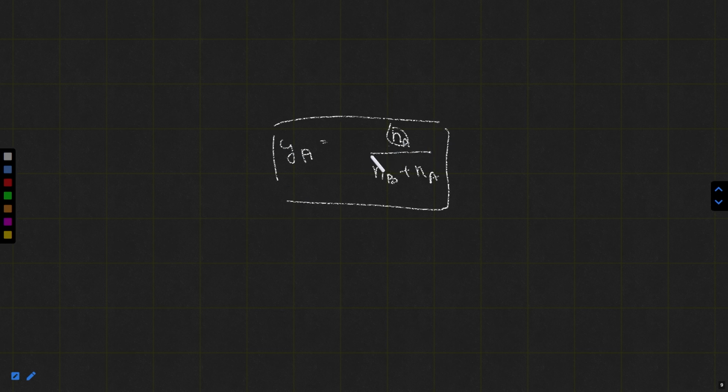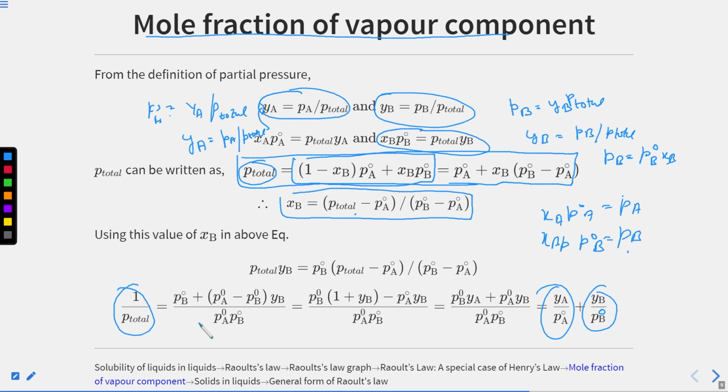If you just plug this from Raoult's law, that is Pa equal to P naught X, and try to do it, you can derive another formula. But that would not be that important. But this is a good formula if I tell you this one: 1 by P total is equals to YA by P naught A plus YB by P naught B, where 1 by P total is the inverse of the total pressure.